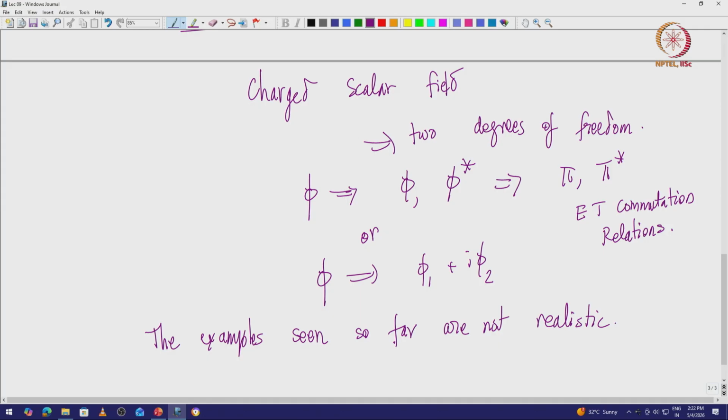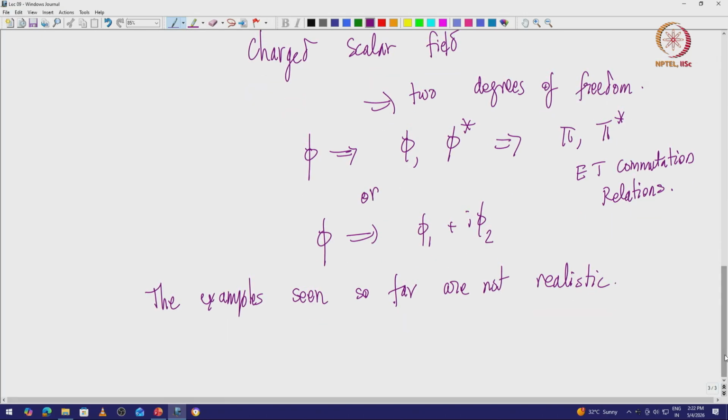It should have some interaction with nature. Only then will we know whether such a particle exists or not. In the examples we have seen, we didn't assume any interaction. The Lagrangian is just the kinetic term plus the mass term.